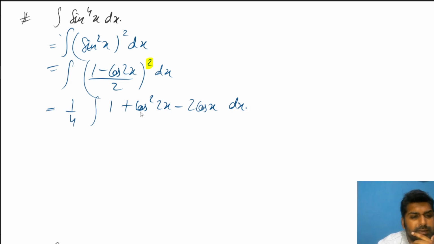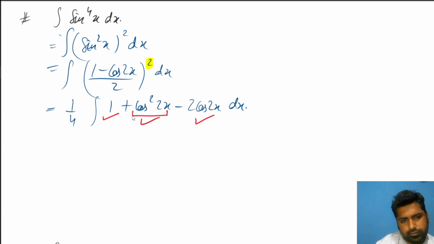If you look at this expression, you'll say I can integrate 1. I can integrate this, this is cos 2x. So you'll say yes, I can integrate the first expression, and the third.